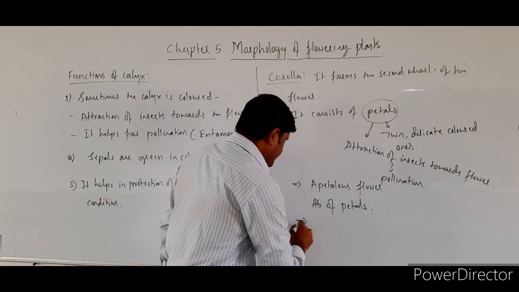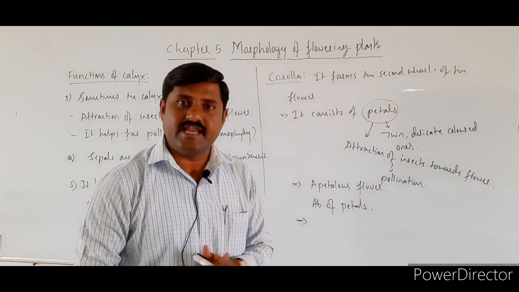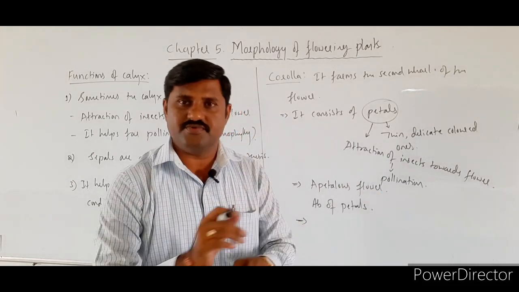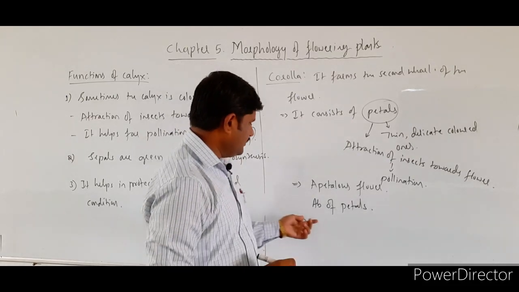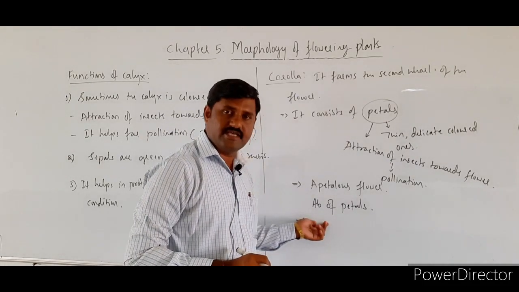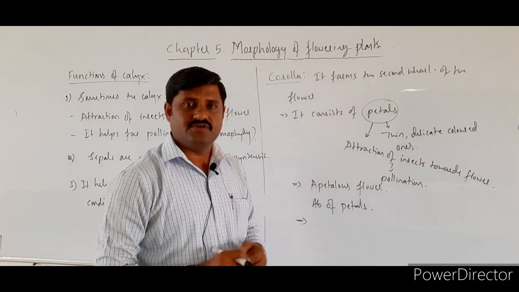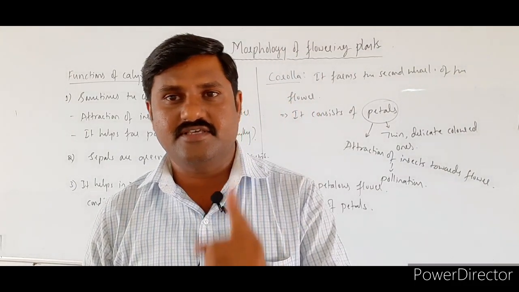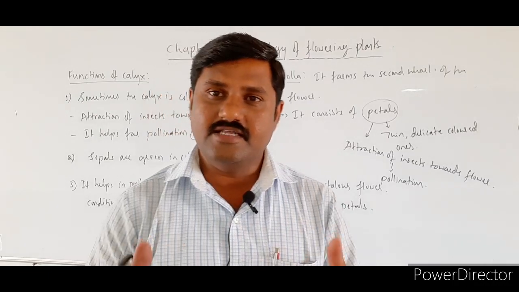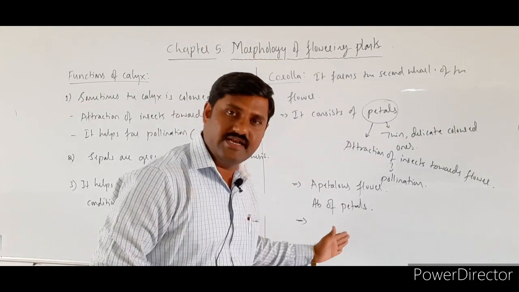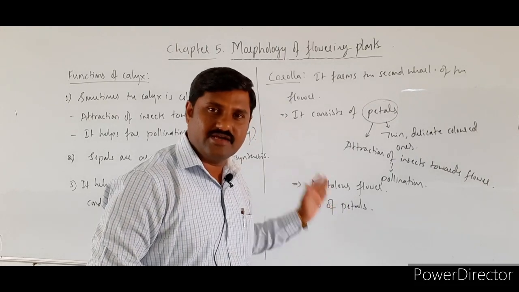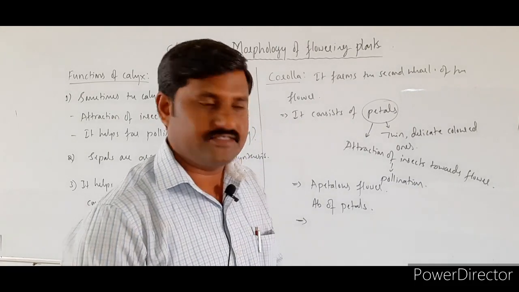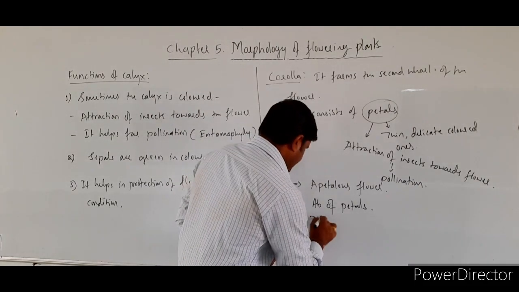In dichlamydous condition, calyx and corolla are easily distinguishable. And in monochlamydous, what happens here? Only one accessory whorl of the flower is present. That is, in this case, petals or the corolla is the whorl present, right? In monochlamydous condition.